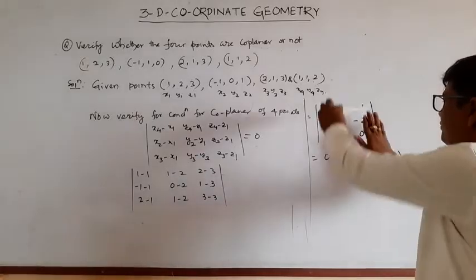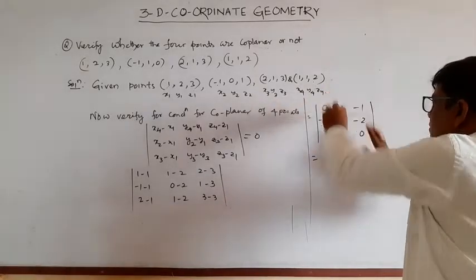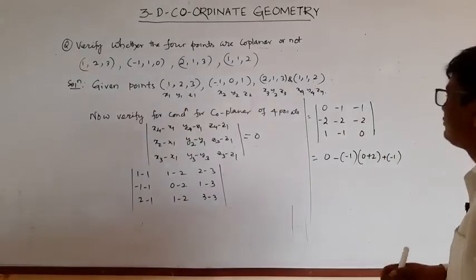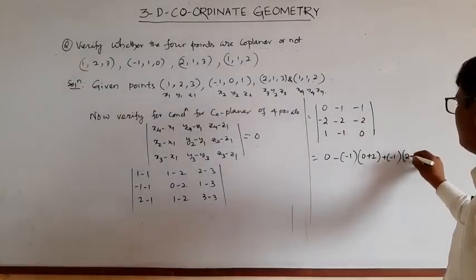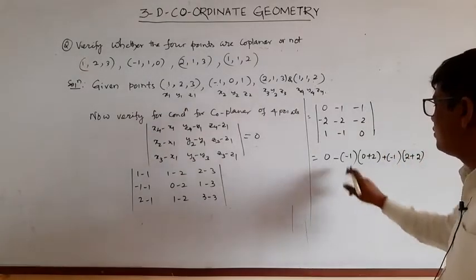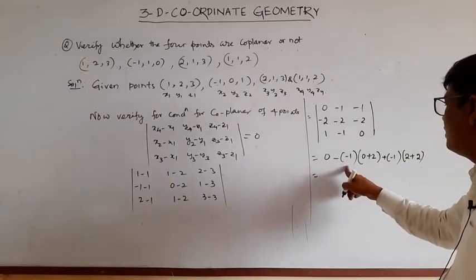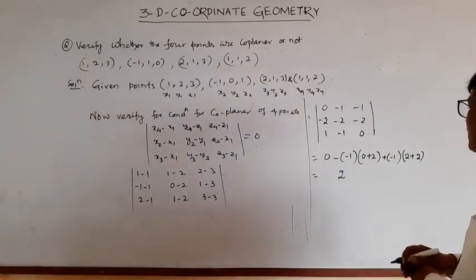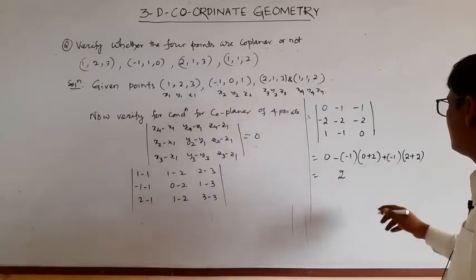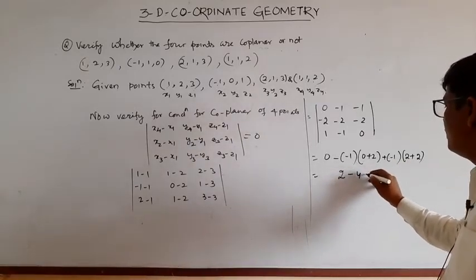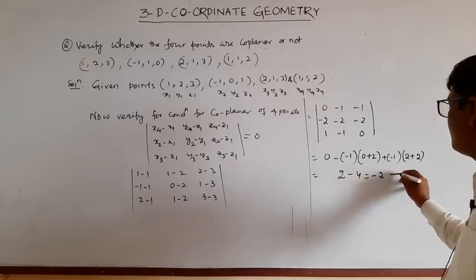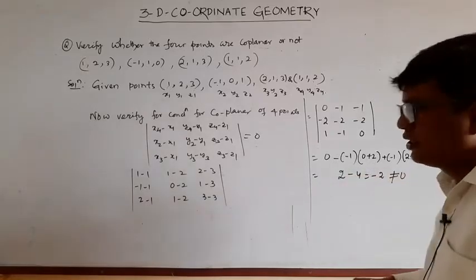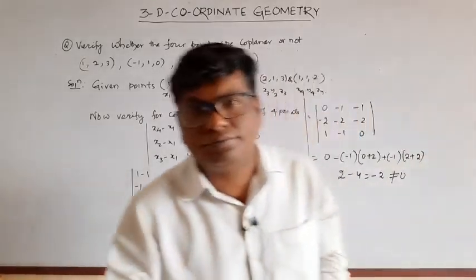Cover this, 2 plus 2. So this is plus 1, this is 2. So this is 2, and 2 to 4 and minus 4, which is equal to minus 2. Not equal to 0.